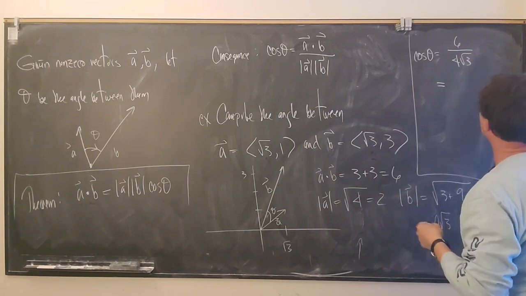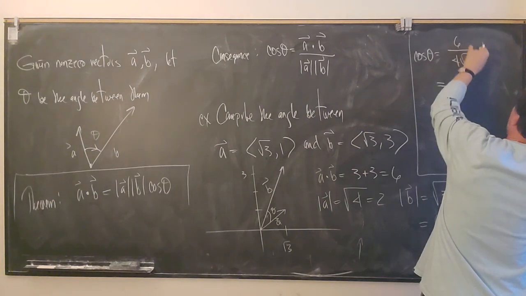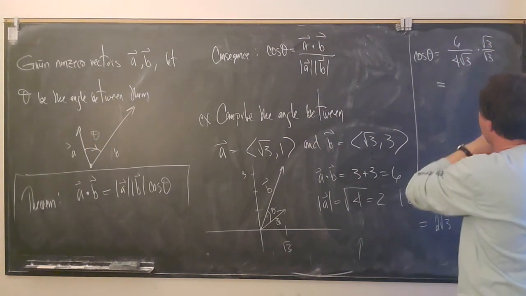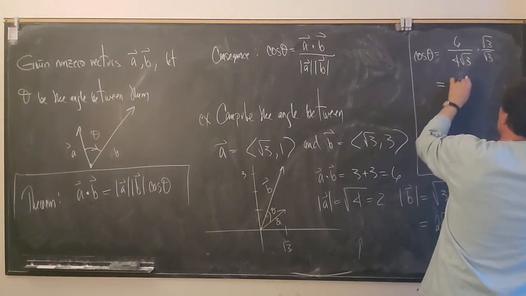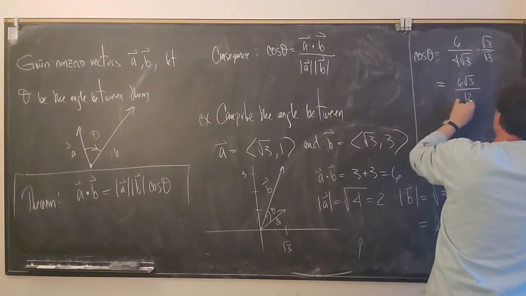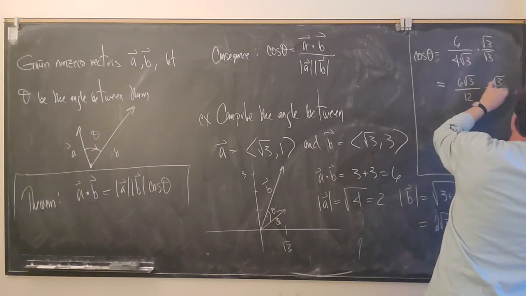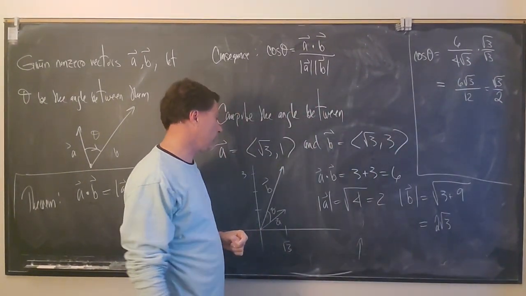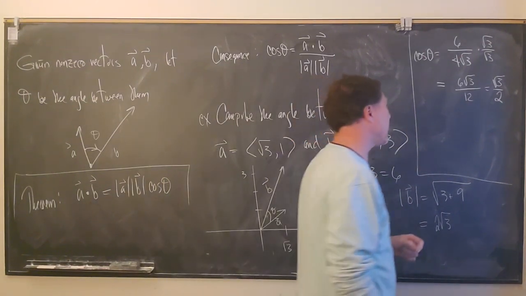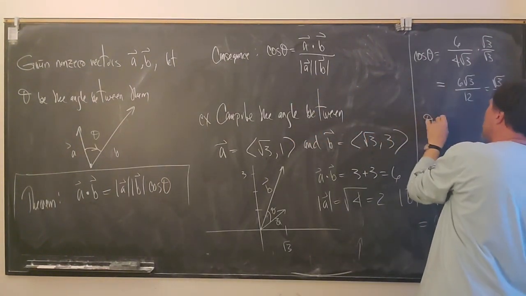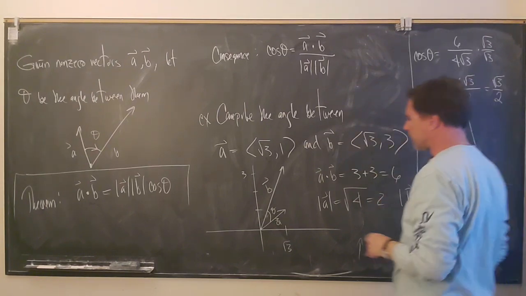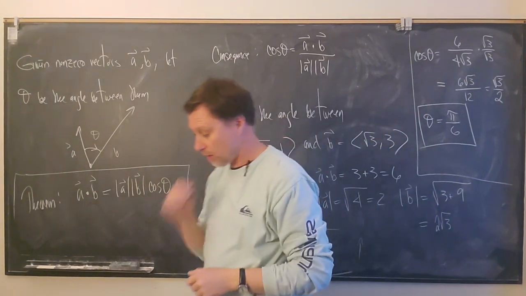Oh, yeah, okay, I got to clean things up a little bit. So let me multiply the top and the bottom by root 3. So that will give me a 6 root 3 over 12, which is root 3 over 2. So now we get the cosine of theta equals root 3 over 2, and so that tells us that theta is pi over 6. So that's the angle between those two vectors.